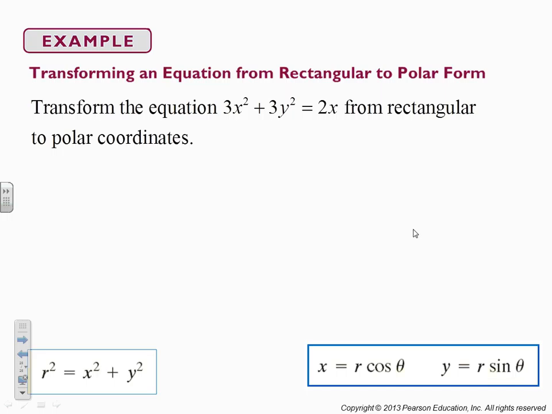So now we have rectangular coordinates: 3x squared plus 3y squared equals 2x. So we're going to transform it from rectangular to polar coordinates. We're going to go ahead and substitute. Well, let's factor out the 3, and then substitute in r squared for x squared plus y squared, and substitute in r cosine theta for x.